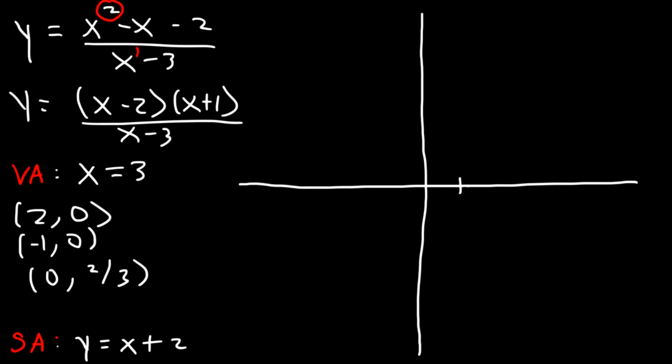So let's start with the vertical asymptote, which is x equals 3. Now let's plot the slant asymptote. So notice that the y-intercept is 2, and the slope is the number in front of x, which, if you don't see a number, is 1.